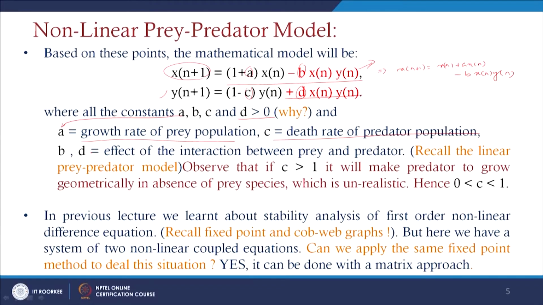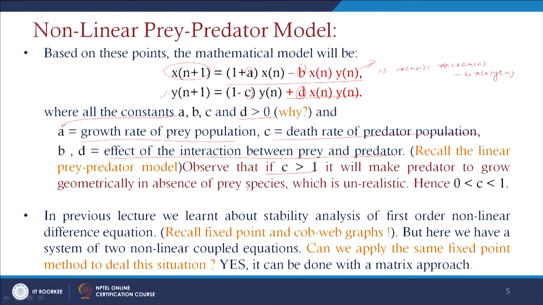Now b and d represent the effect of interaction between prey and predator. If you recall this linear prey-predator model, we can observe that if c is greater than 1, it will make the predator grow geometrically in the absence of prey species, which is unrealistic. Suppose the prey species is 0, meaning x_n is 0.